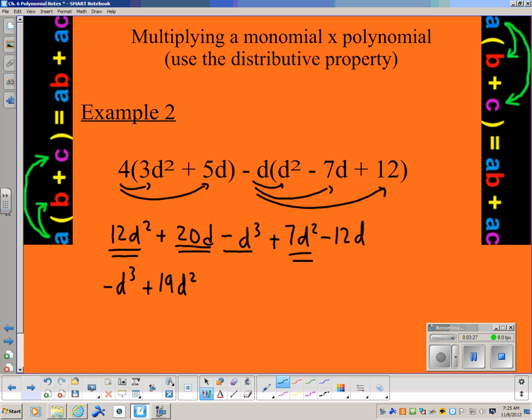And then we've got 20d minus 12d gives us plus 8d. So again, my answer there, negative d to the third plus 19d squared plus 8d. It's in order by decreasing powers of d, d the third, d the second, d the first.